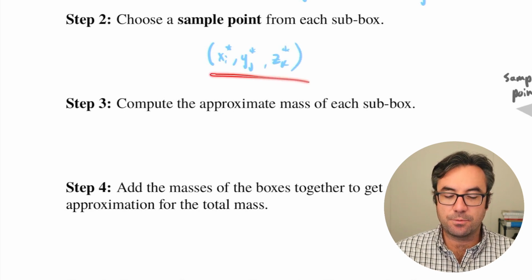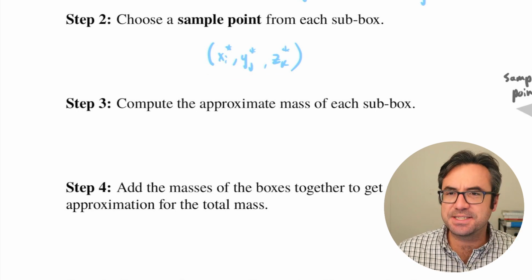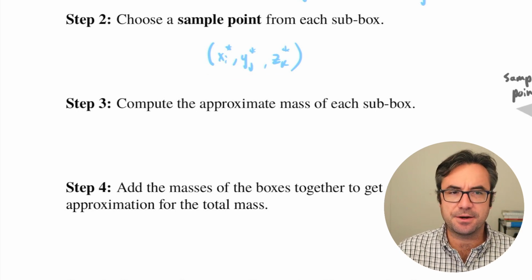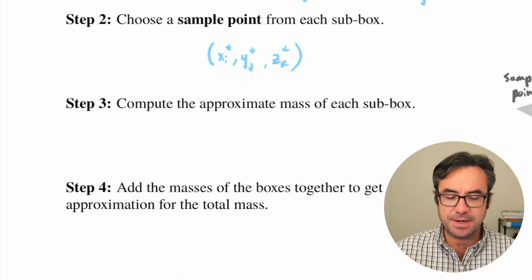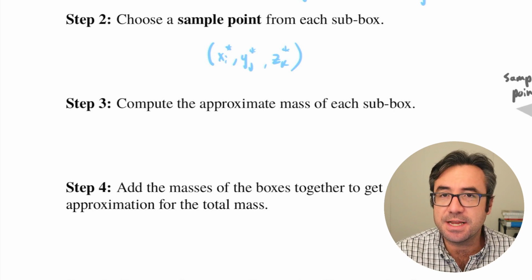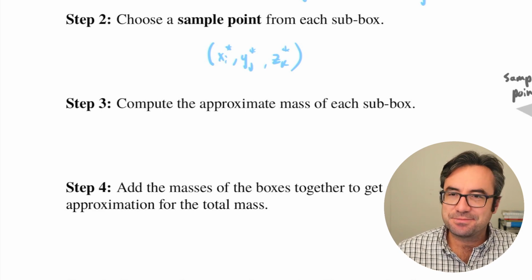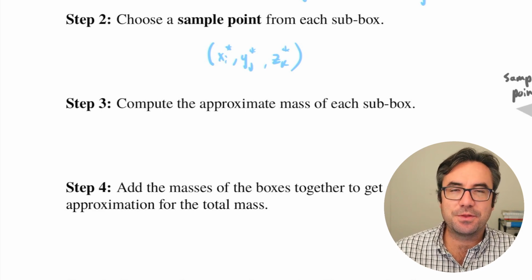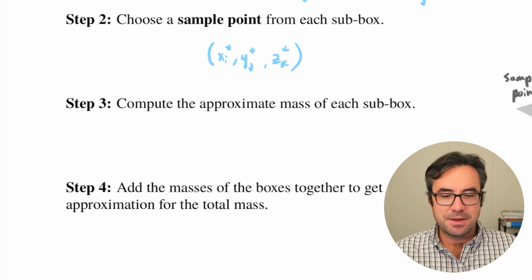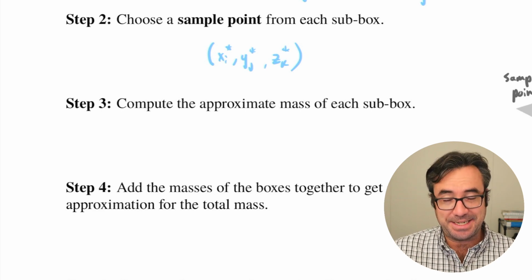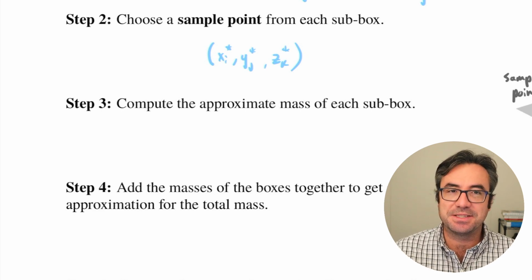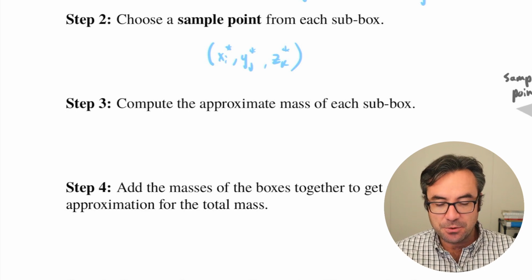So this is the point where we're going to actually take our density reading. We look at the material there. And the way we take our density reading is we just plug it into the density function. If we were doing this in practice, we would analyze the material and see what the density of the material there is. But we have a nice formula that tells us specifically what the density is at that point.